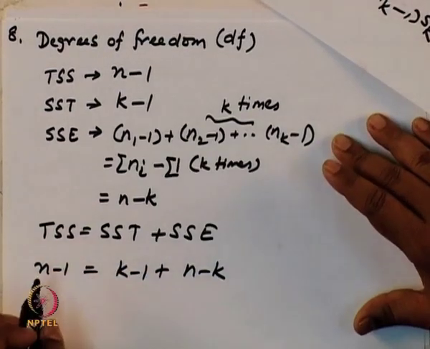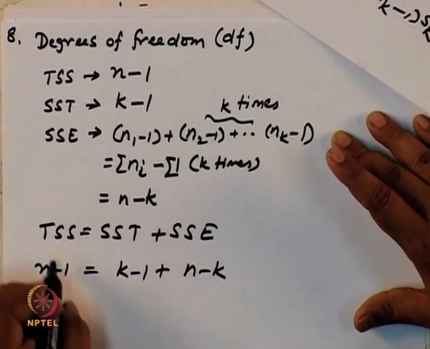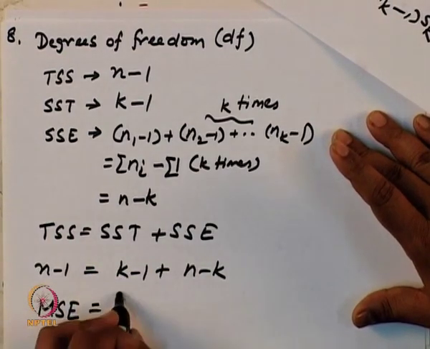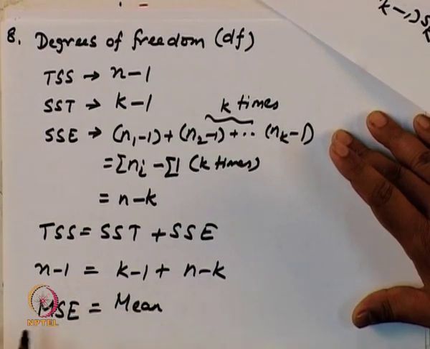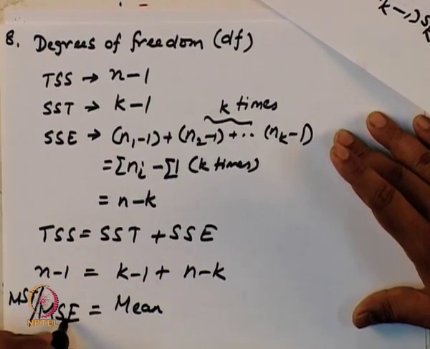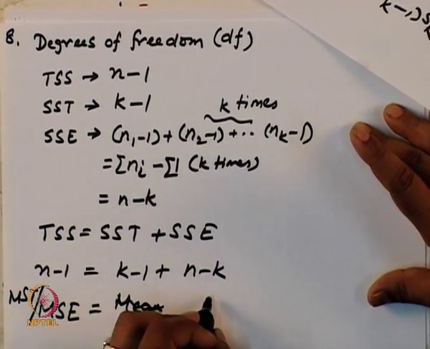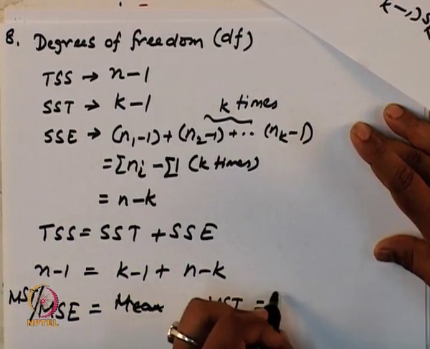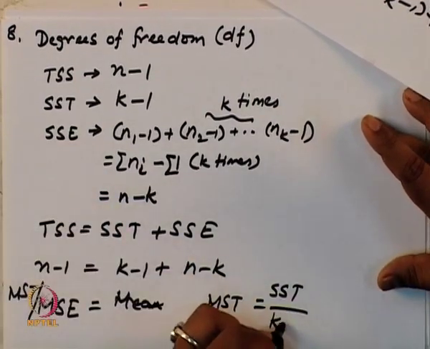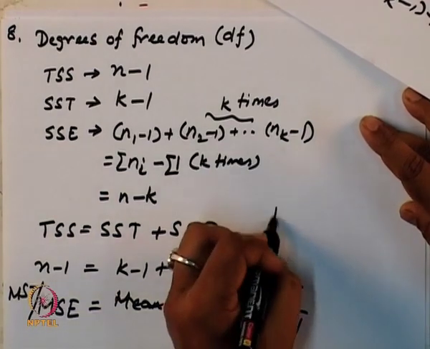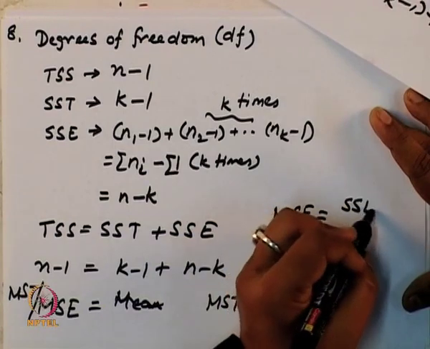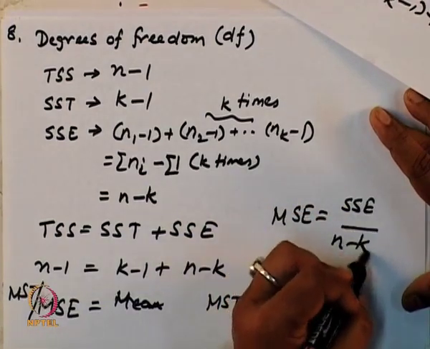And corresponding to these terms, you can define the mean squares: MST, the mean square for treatments, and MSE, the mean square for error. MST is defined as SST by its degrees of freedom, that is SST by k minus 1, and MSE, the mean square of error, is given by SSE by n minus k.